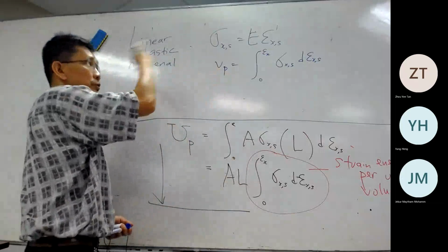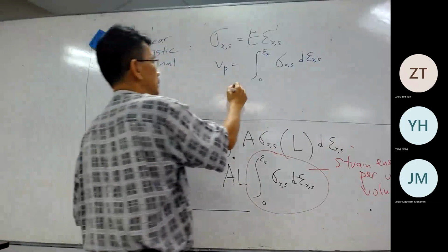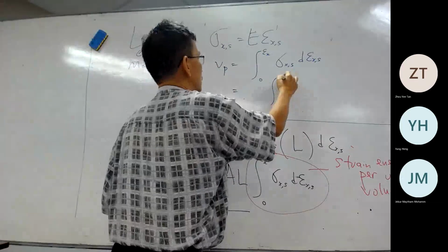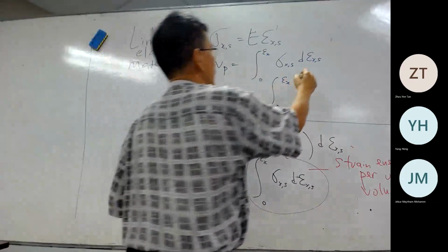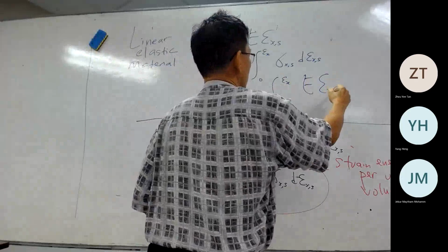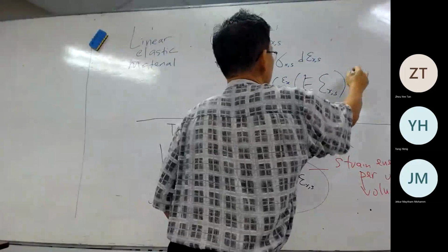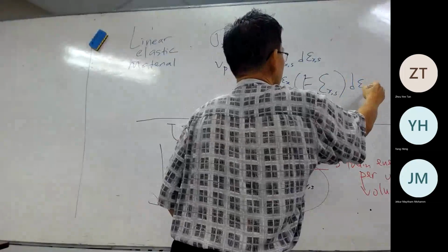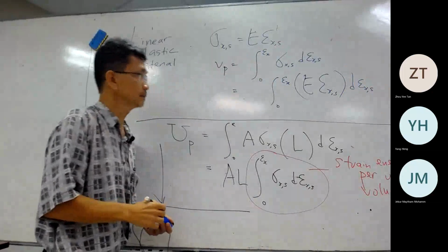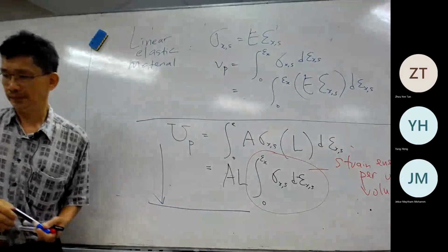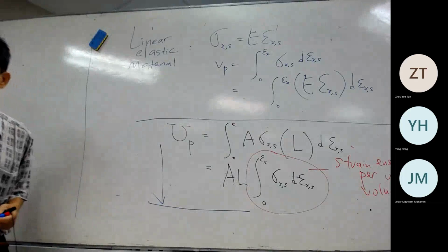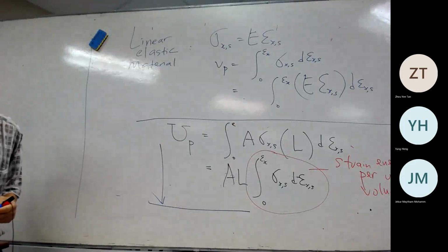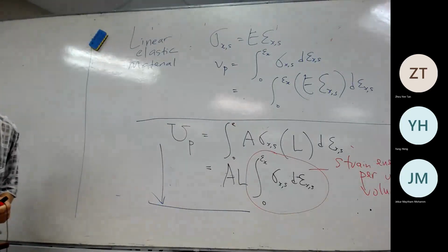Now we restrict ourselves to linear elastic material, so we will get the integral from 0 to epsilon x of E epsilon x d epsilon x. Okay. So that is the thing that we are going to get.